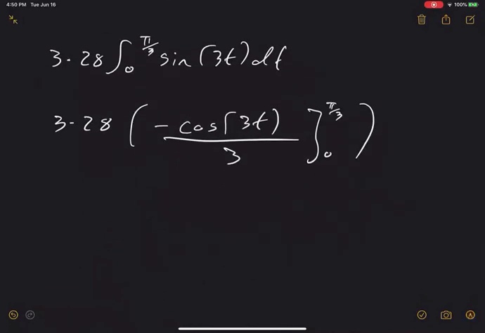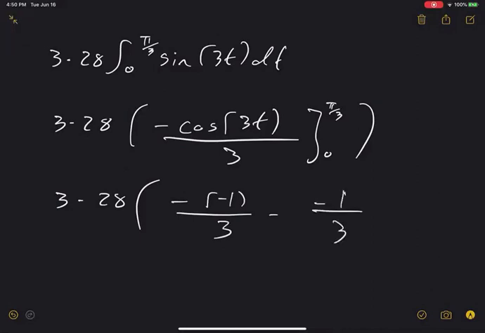I evaluate this, and I get 3 times 28 times negative times negative 1 over 3 minus negative 1 over 3.